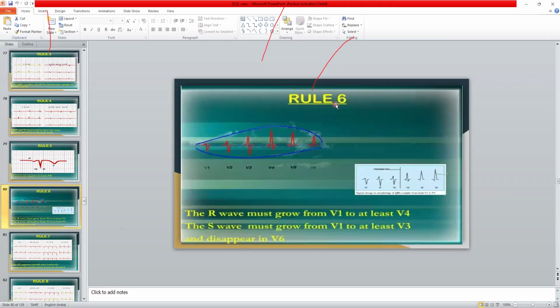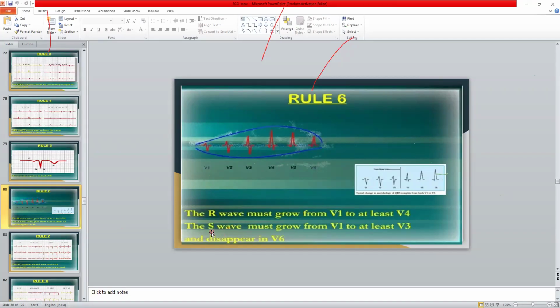Rule 6 suggests that the R wave must grow. That is, the amplitude of the R wave should increase from V1 to V6, V4 or V6.